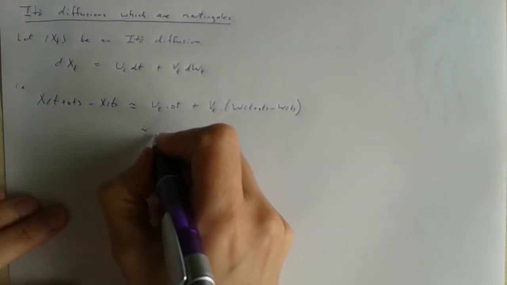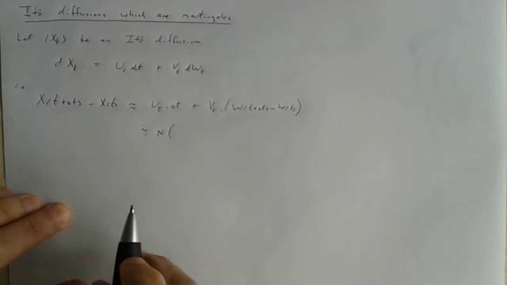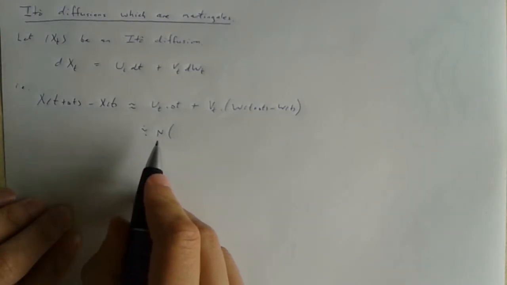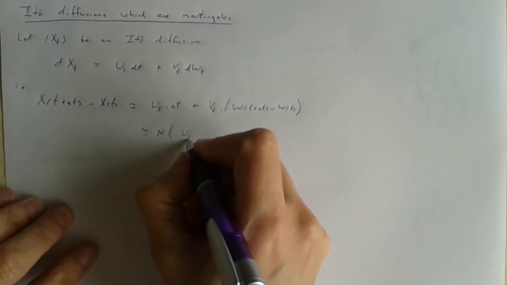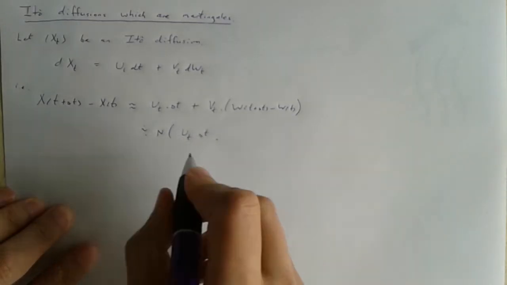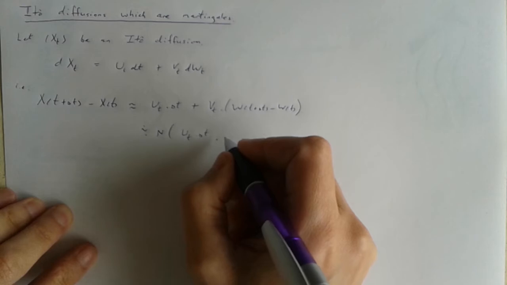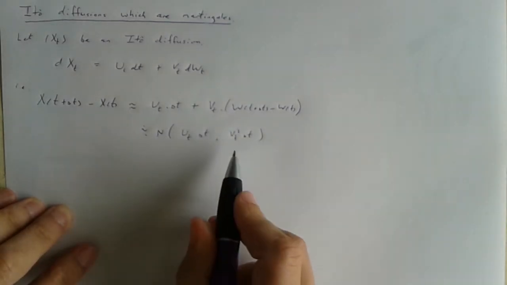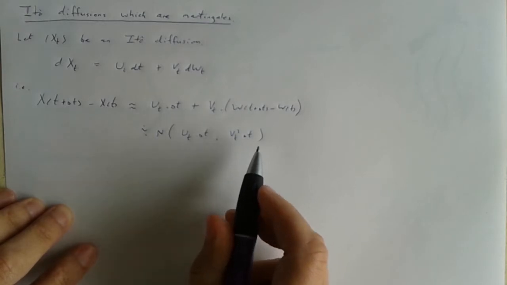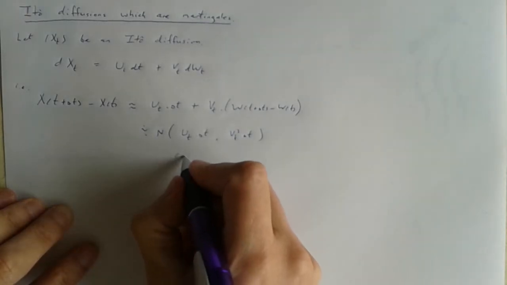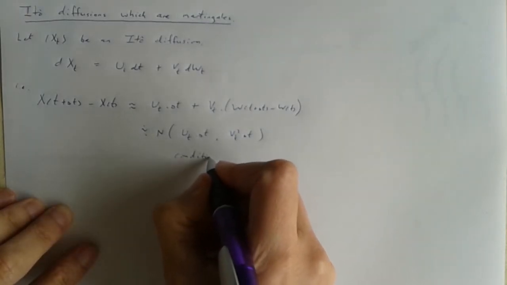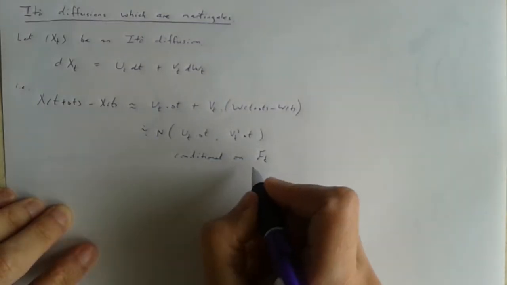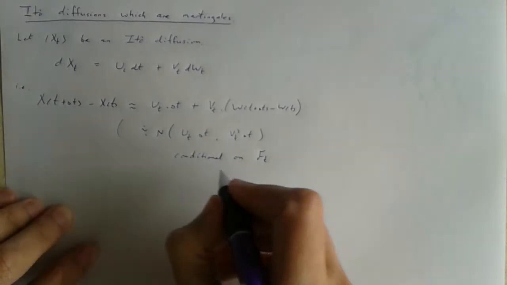Just to remind you, I'll write it down the way I wrote it a few times ago. This has approximately the normal distribution with this mean and this variance, conditional on ft, knowing everything up to time t.